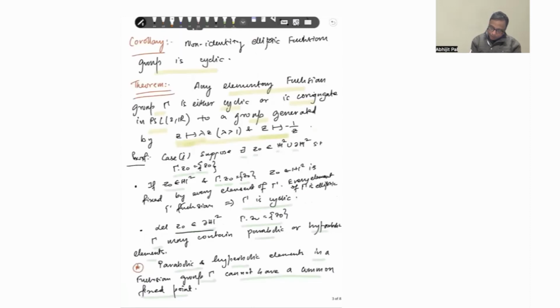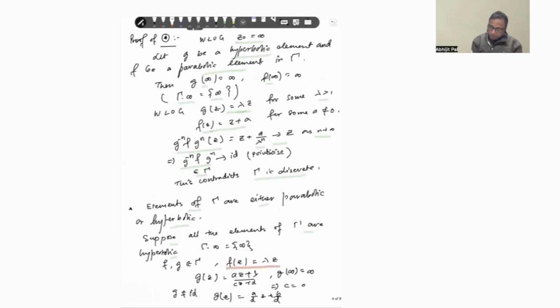And this theorem says that it is conjugate in PSL(2, R) to a group generated by z goes to lambda z and z goes to minus 1 by z. So no harm has been done. So safely we can assume f of z is equal to lambda z.